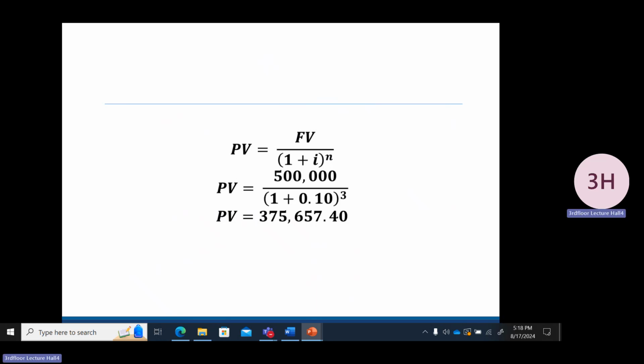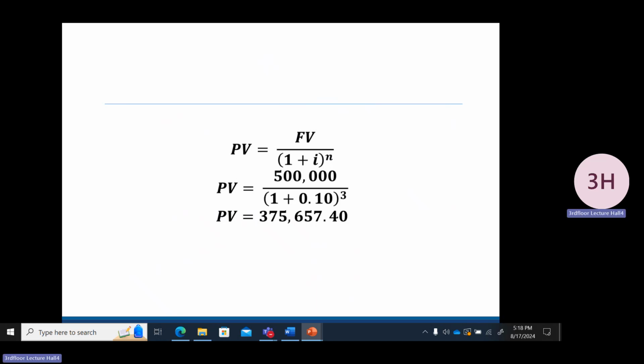So suppose you are going to sell this investment to another investor. You will be receiving 500,000 in 3 years, but you have a liquidity issue and need some money. So you are going to sell this investment to a person.